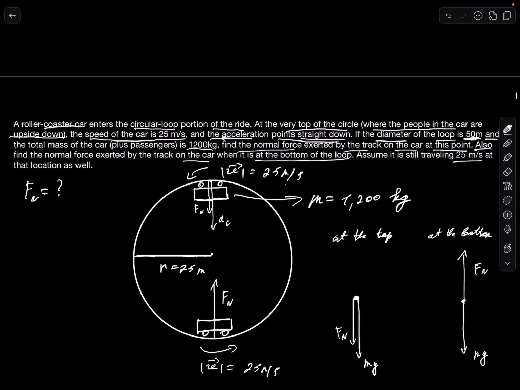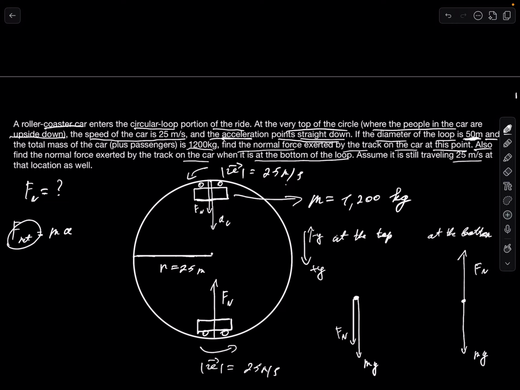Alright, how do we figure out Fn from this? First of all, let's define the axis. Let's say this is positive y-axis, meaning that part is going to be negative y-axis. We're not going to deal with x-axis here because there are really no forces in that direction, so it would be useless. So let's write all glorious F equals ma.